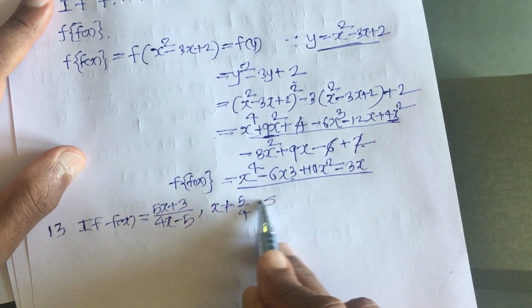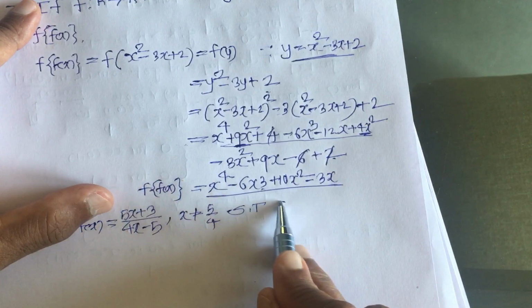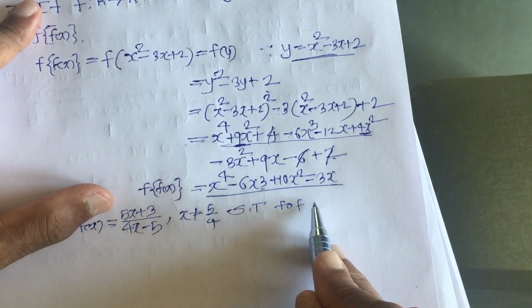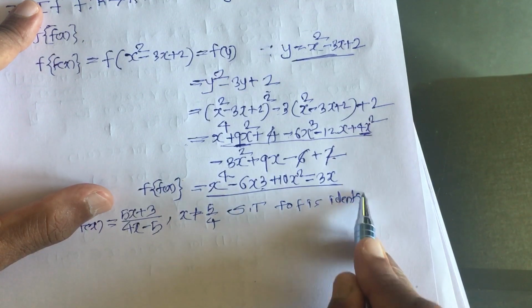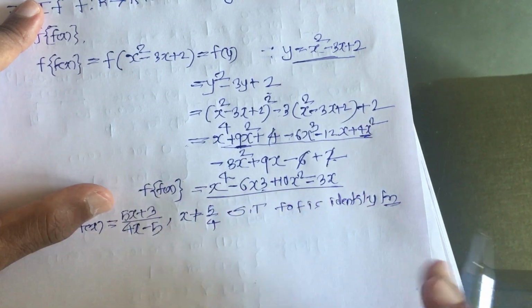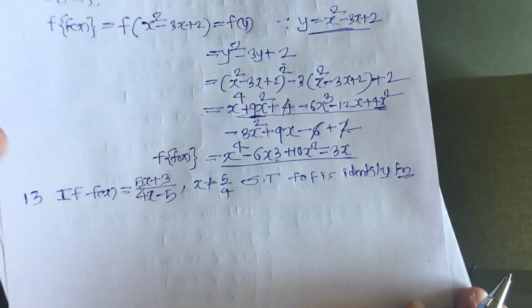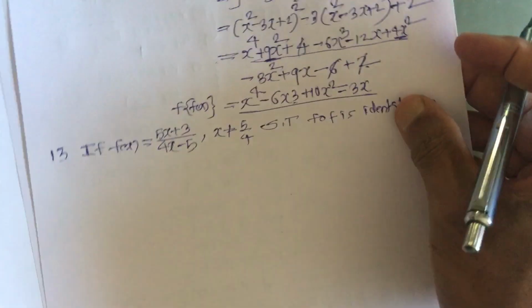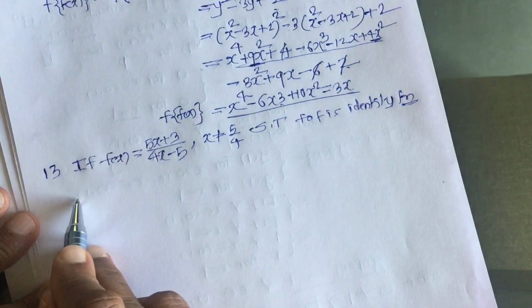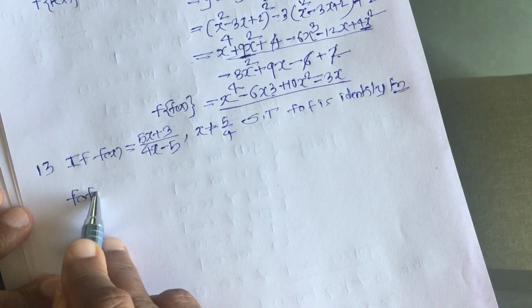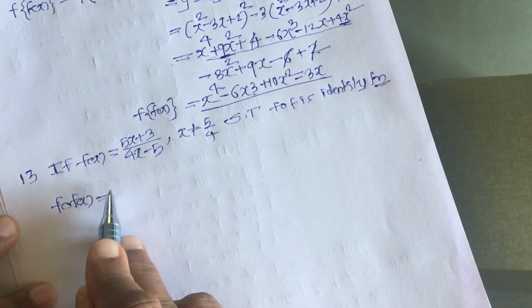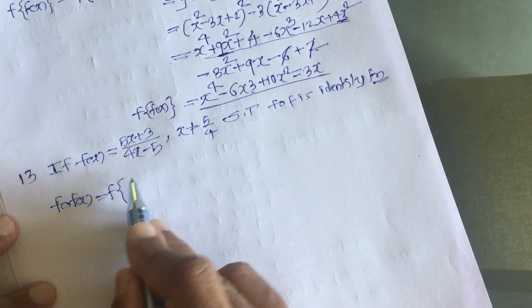Show that f composite f is an identity function, and what is an identity function? It is x, where x belongs to the real numbers. Now, I take f composite f of x, which is f of f of x.